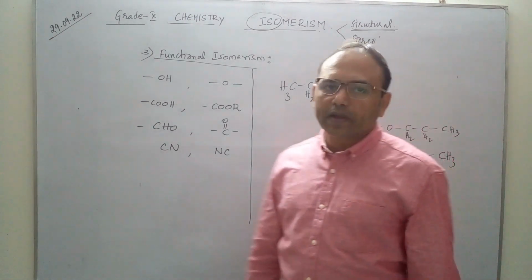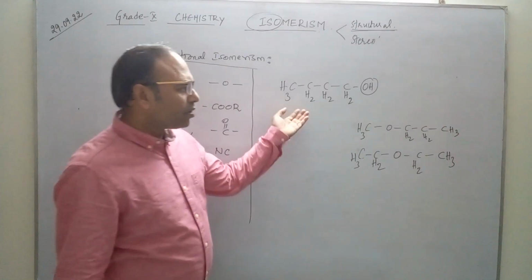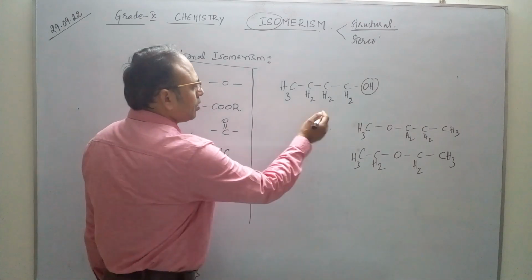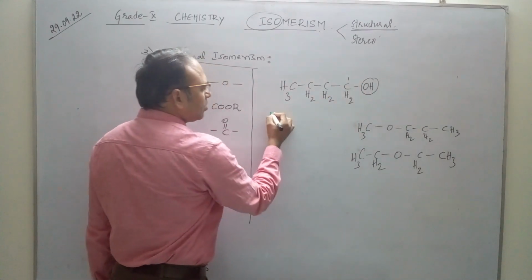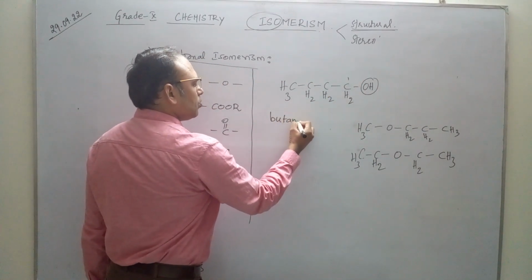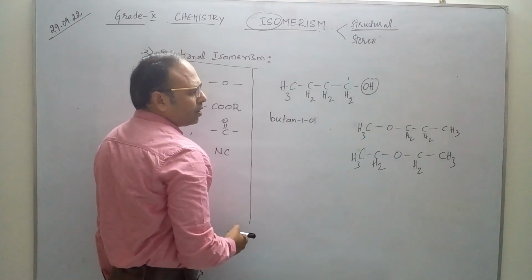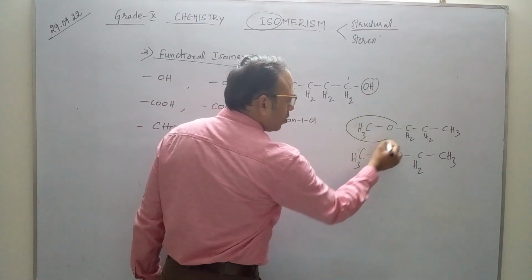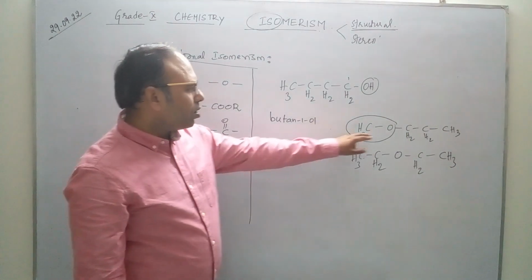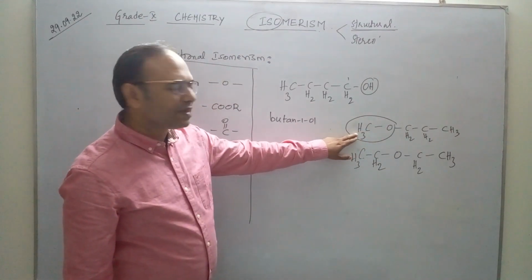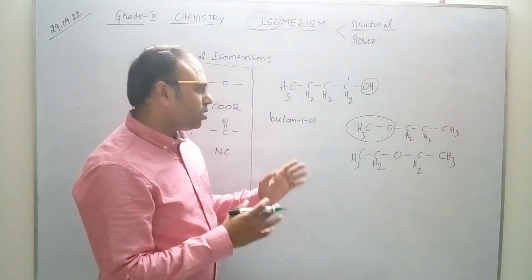So we can write IUPAC names, or you can also write the common names. So here it is at first position, so butan-1-ol. And for this we already know, according to Popov's rule, always the oxygen is given to the lower alkyl group, the one with fewer carbons.